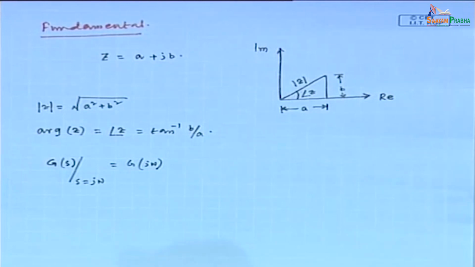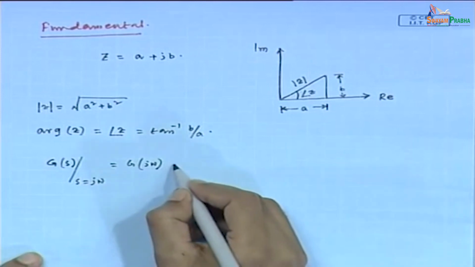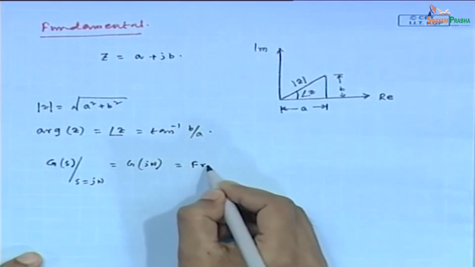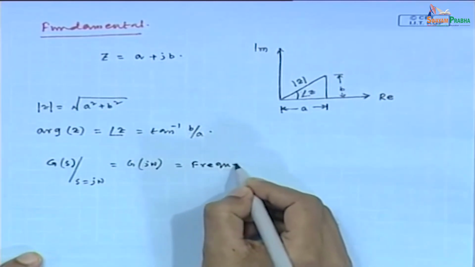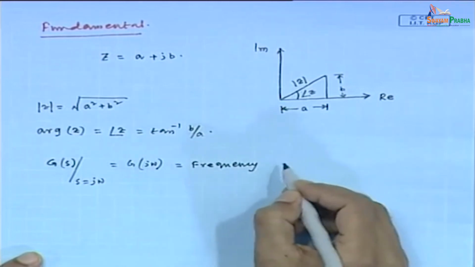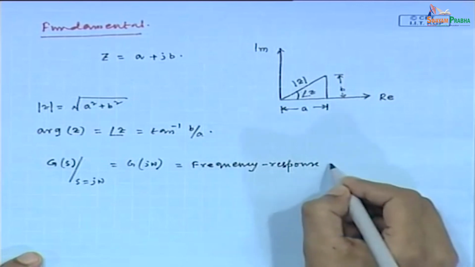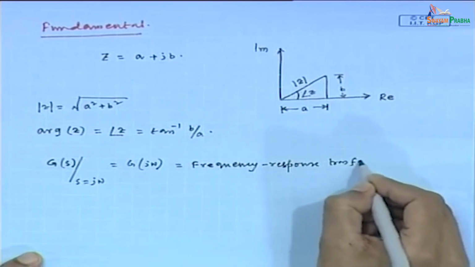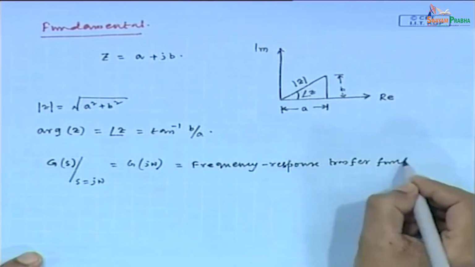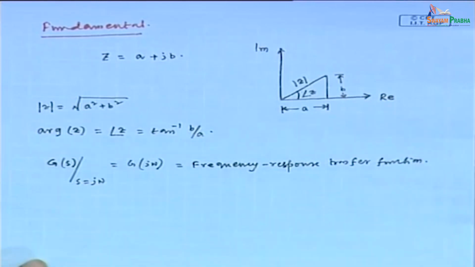Replacing s by j omega, we obtain frequency response transfer function. Fine.